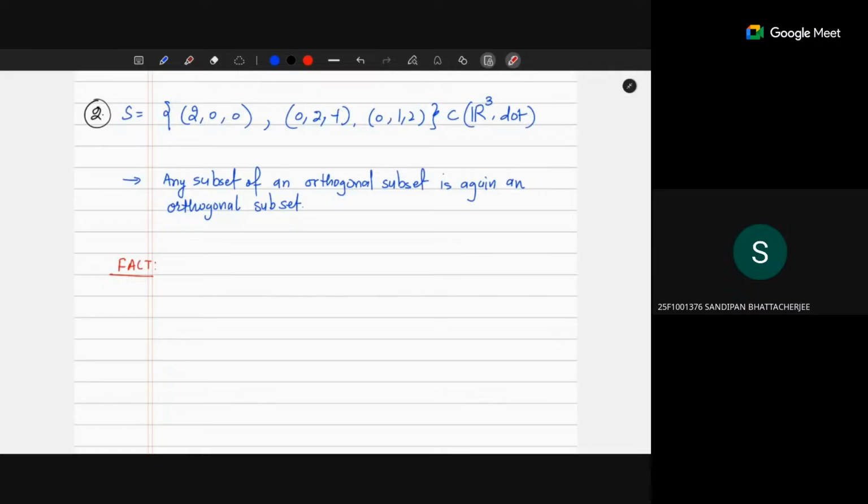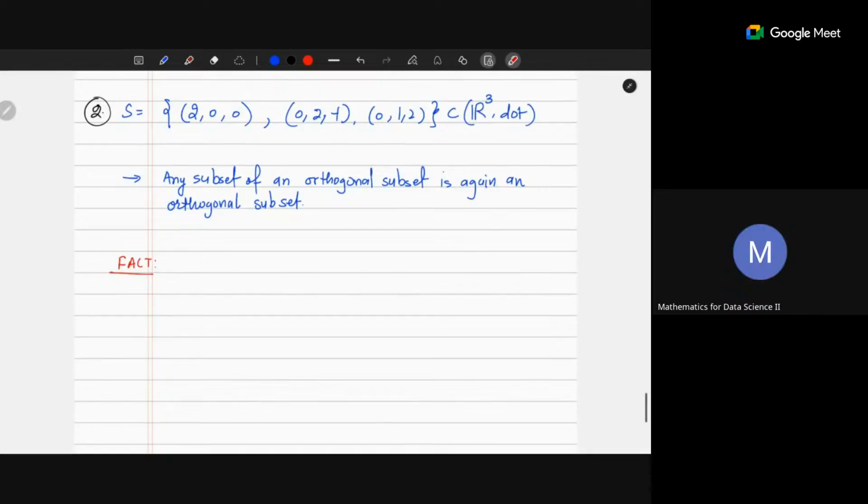If it's not equal to 0, it's linearly independent. Is the determinant of the subset given in option 2 non-zero? Yes, sir. Good. So the subset in option 2 is linearly independent as well. So it is orthogonal and it is linearly independent.